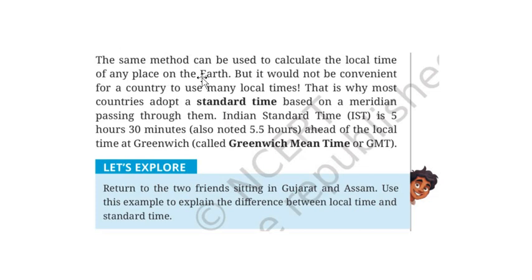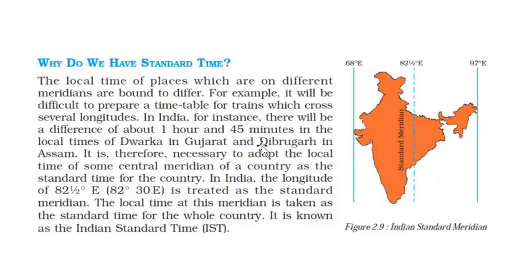Now in India we have the Indian Standard Time, which is 5 hours and 30 minutes, also 5.5 hours, ahead of the Greenwich Mean Time. Now you might ask, how is this time defined? Let me give you yet another important idea. This is India's expanse between 68 degrees east and 97 degrees east longitudes.